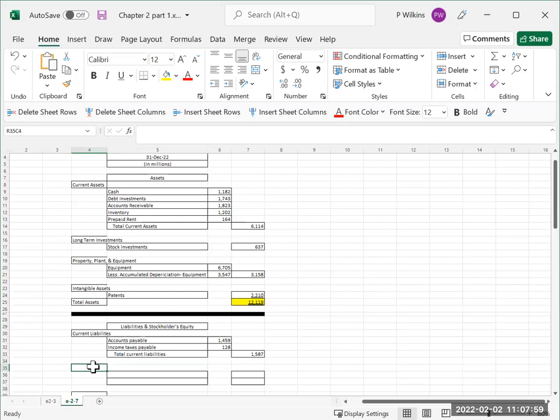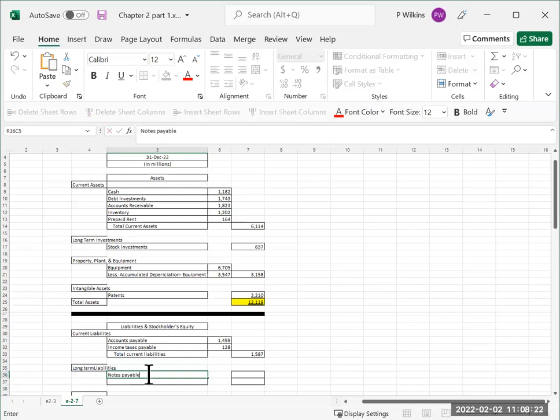Then we're going to go down to the next section. The next section is going to be our long-term liabilities. And under long-term liabilities, we're going to see notes payable. And we know it's long-term because it says long-term next to it. If it said short-term or it was going to be paid within the next year, it would be a current liability. But it says long-term, so notes payable.